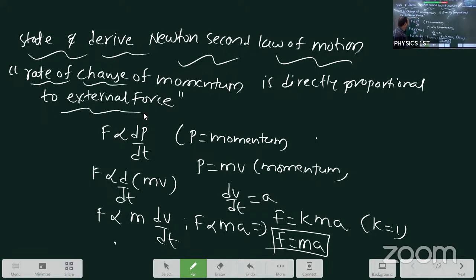The first step: F is directly proportional to dP by dt. P is momentum, M into V, with mass outside, so M dV by dt. The rate of change of velocity means acceleration. So F is directly proportional to M into dV by dt, and dV by dt is acceleration. F equals ma, because the practical value of K is 1.